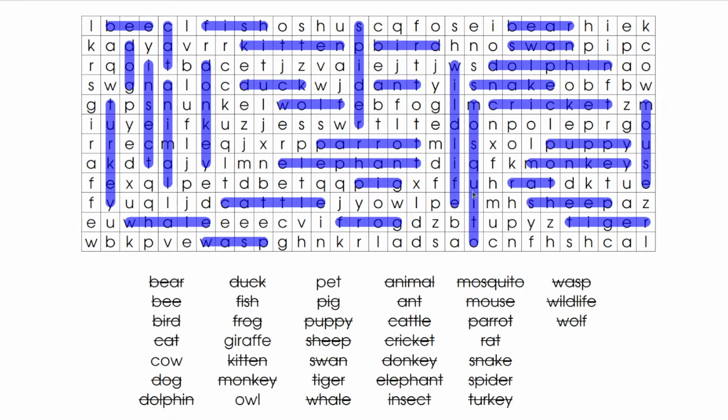So pet's another one. It's just jumped out at me now. Owl. So it's a nocturnal bird. There we go.